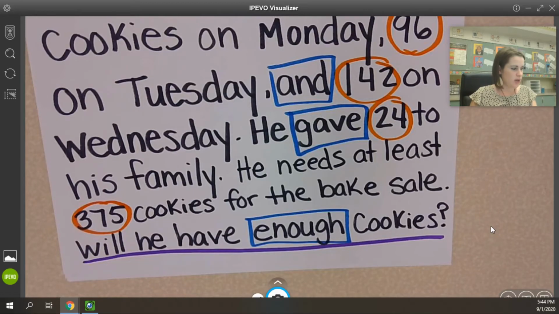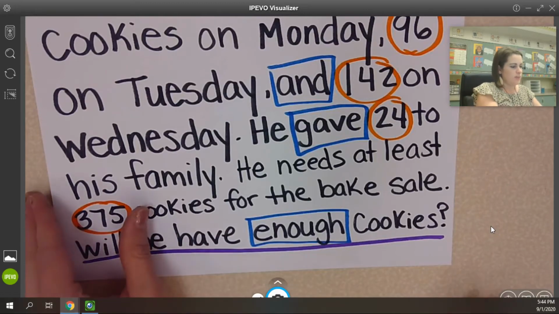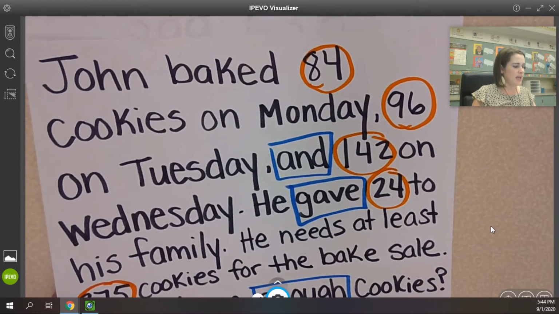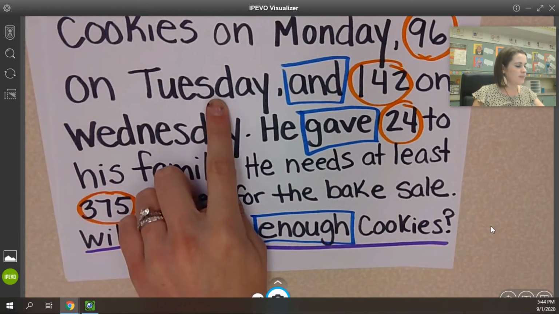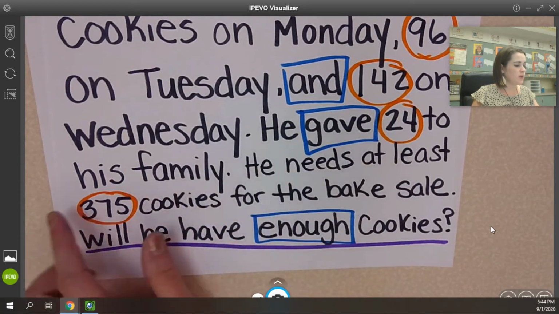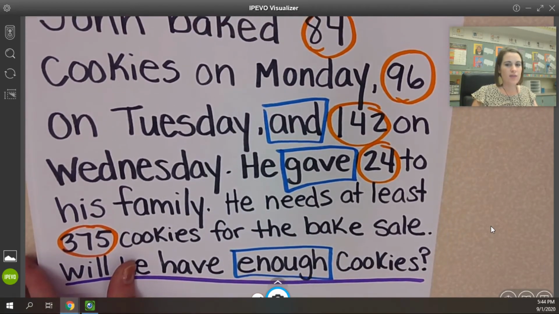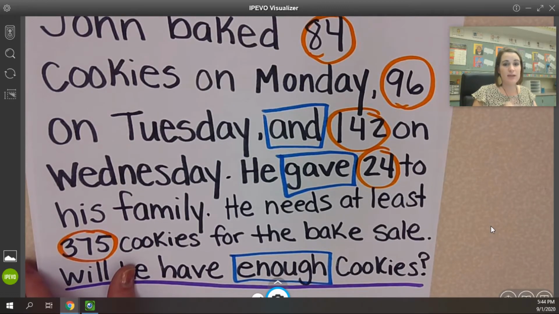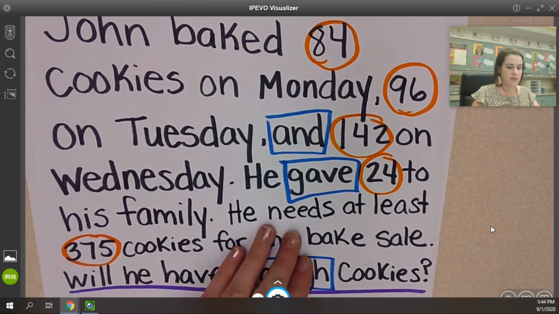All right, so we're going to do some estimation while we do this. So it says that John baked 84 cookies on Monday, 96 on Tuesday, and 142 on Wednesday. So I know that first, I want to add up all those numbers to see how many he baked total, okay?